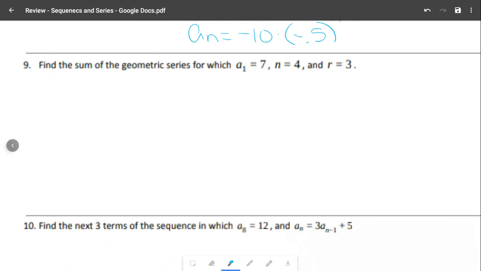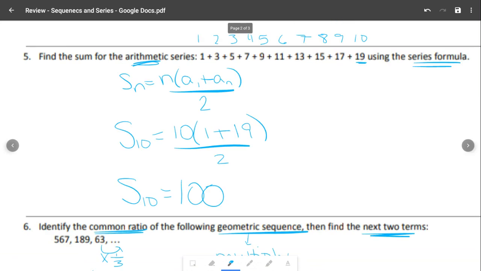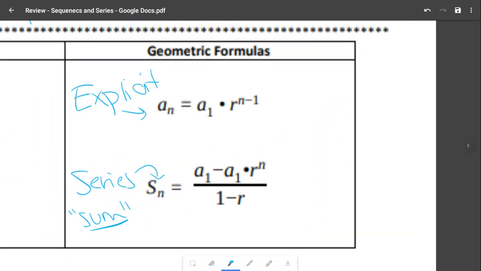Question 9. Find the sum of the geometric series for which A1 equals 7, n equals 4, and R equals 3. So now, going back to your formulas, they said it's geometric, and they said the word series. So now we are going to use the series formula.